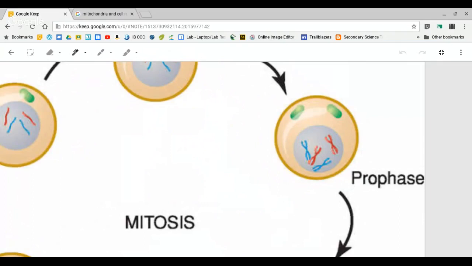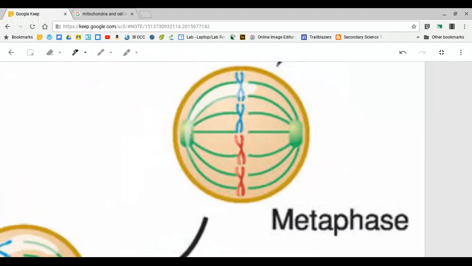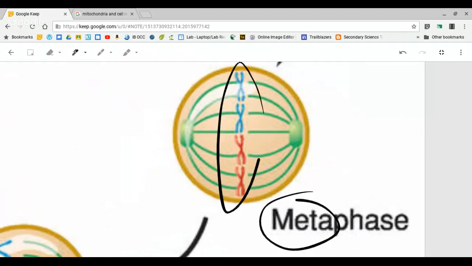So you need to look at this one of prophase and see how the nucleus is starting to break down. See how you can see chromosomes? That's a big sign that prophase is occurring, that you have these big chromosomes form. Another sign is that spindles are forming. And we talked about that in class. When the chromosomes are lined up, that's obviously metaphase.